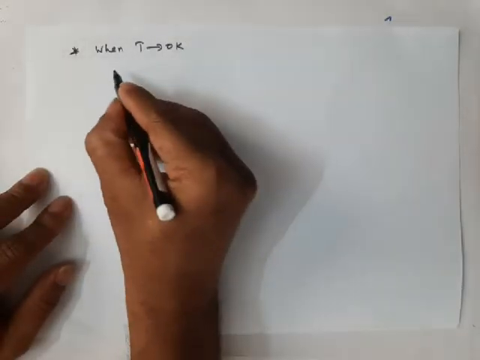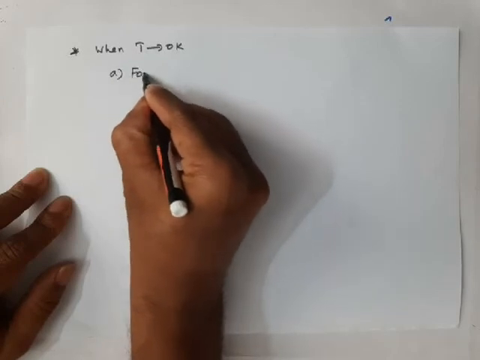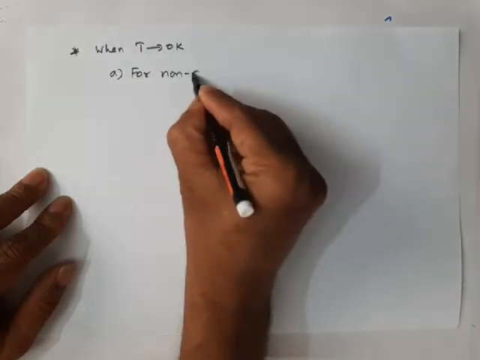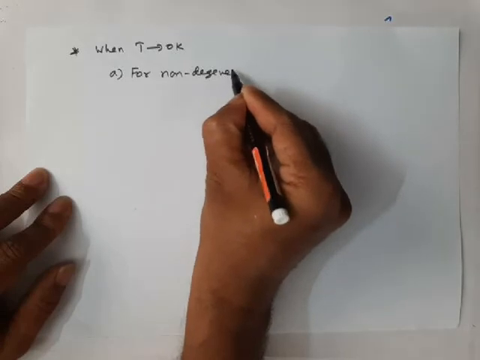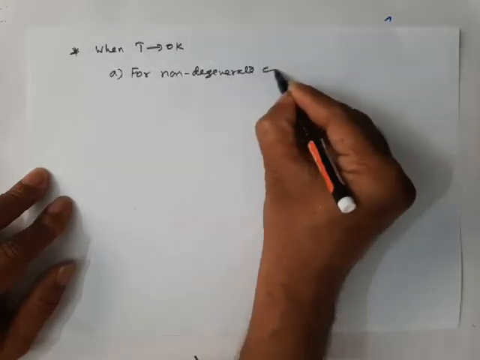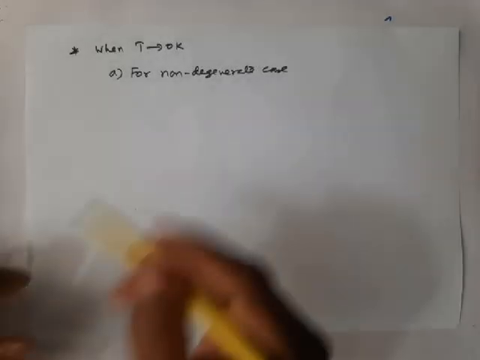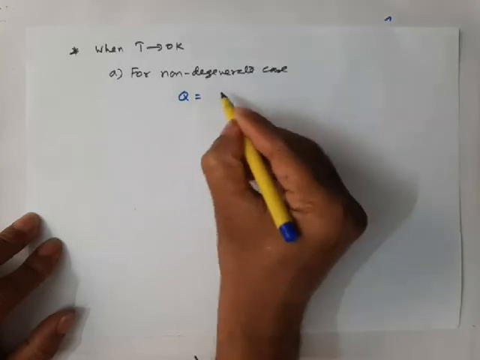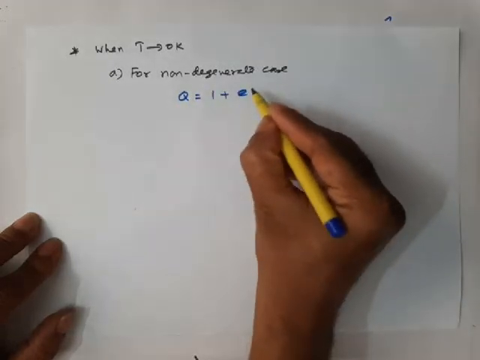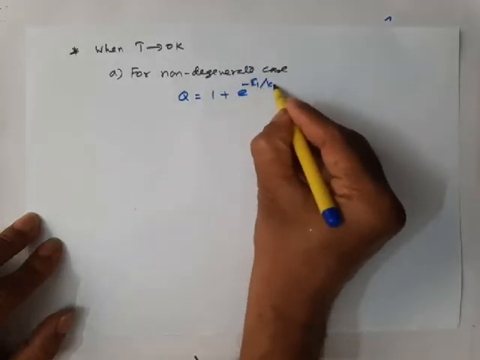First, I'll take a non-degenerate case. For the non-degenerate case, you know very well, Q is equal to 1 plus e power minus E1 by kBT, and so on.